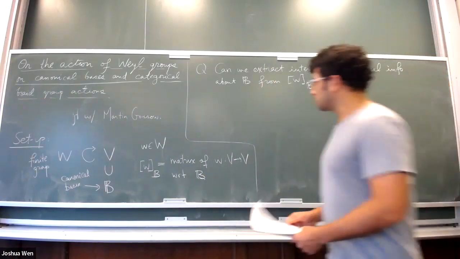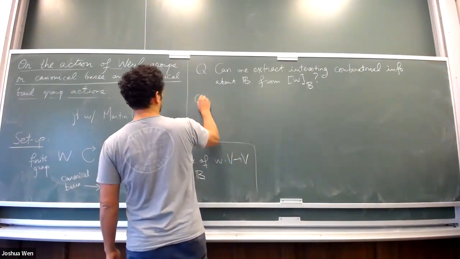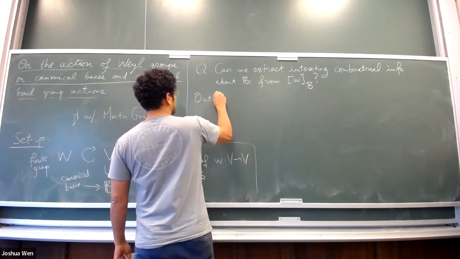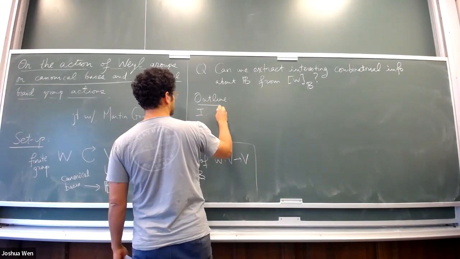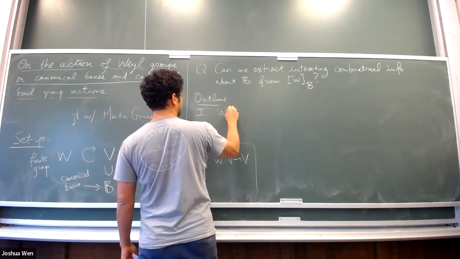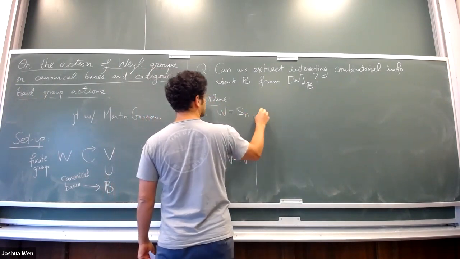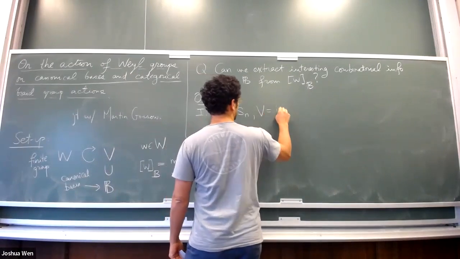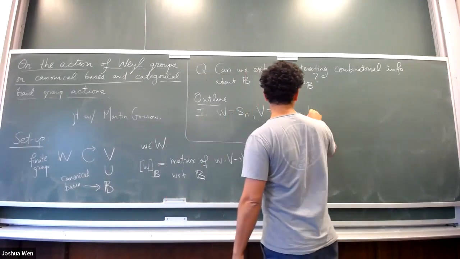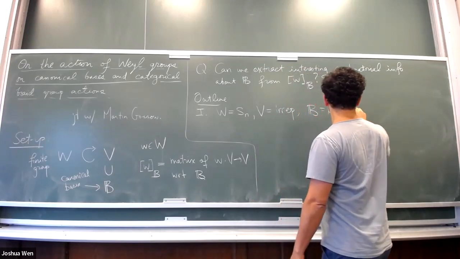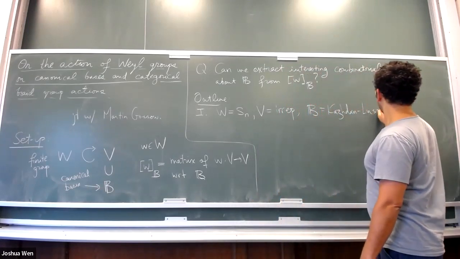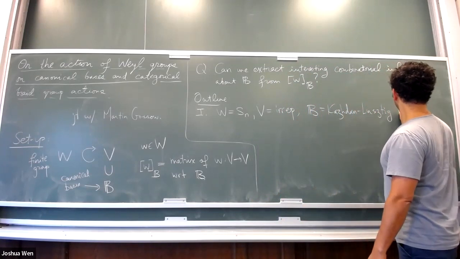So that's the setup, and in the outline of the talk, I'll spend probably half the talk on the most interesting example, which is that W is a symmetric group, V is an irreducible representation, and B is the Kazhdan-Lusztig basis.